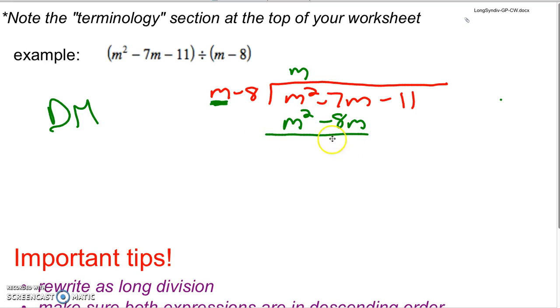The next step is to subtract. Well, when we're dealing with positives and negatives, we generally change all subtraction to adding the opposite. And that's exactly what we're going to do here. We're going to change the sign of all this that I have in green, and we're going to add the opposite. So the opposite of m squared is negative m squared.